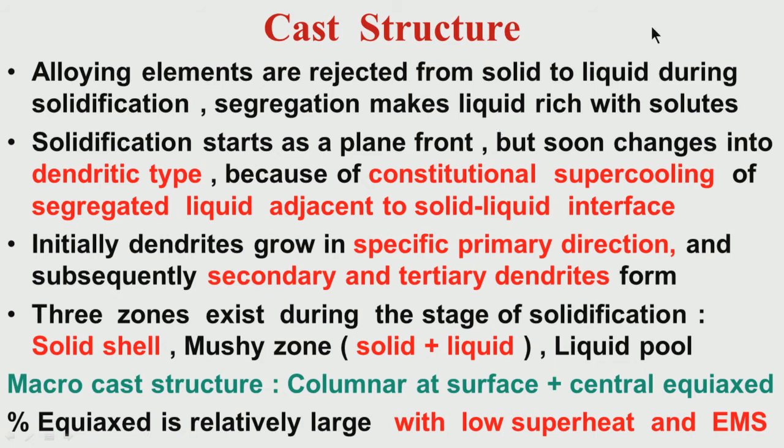So, what is the implication of this? The liquid steel adjacent to the solidification front has a slightly lower temperature. Because of what? Because it has become rich in the solutes. So, the solidification temperature is lowered, and we call this constitutional supercooling, because the supercooling is happening not because of heat transfer, but because of segregation.